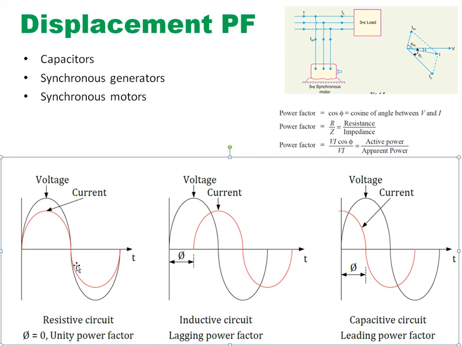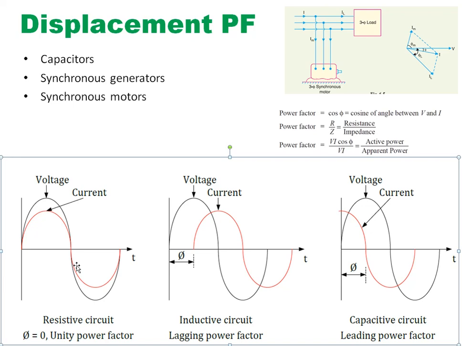The ratio between the kilowatts and the kVA is 1, the ratio between the active power and the apparent power. That means all the power supplied to the load is effectively utilized by the resistive load. But in real cases, it will not be only a resistive load.